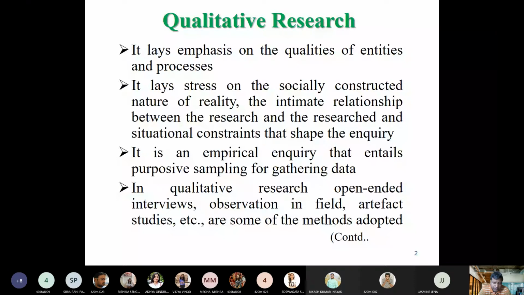But if you go to caste, you will find that it is an ethnographic reality. So in qualitative research, we look into the socially constructed nature of reality, I mean, what exactly is found in the field. What is the reality? What is socially constructed in the field? Suppose we take any particular issue, in qualitative research we try to explore what is and how it is.